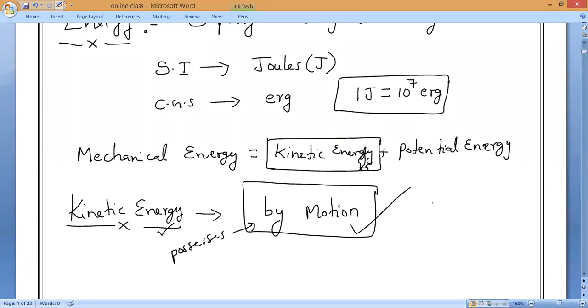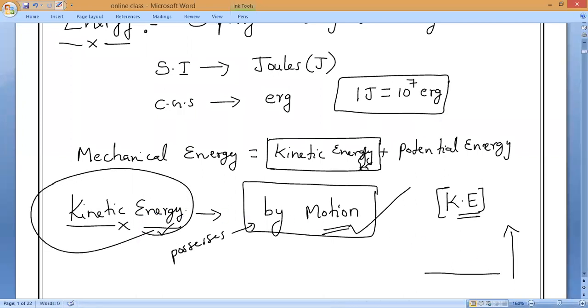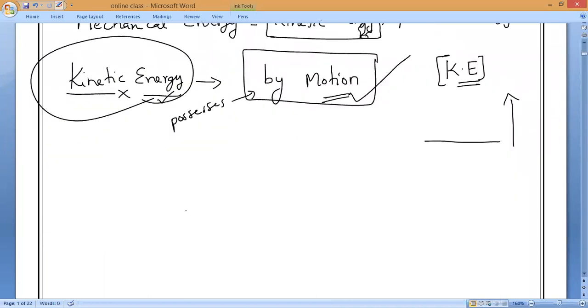Kinetic energy is possessed due to its motion. Any object in motion, horizontally or vertically, doesn't matter, will always possess kinetic energy.